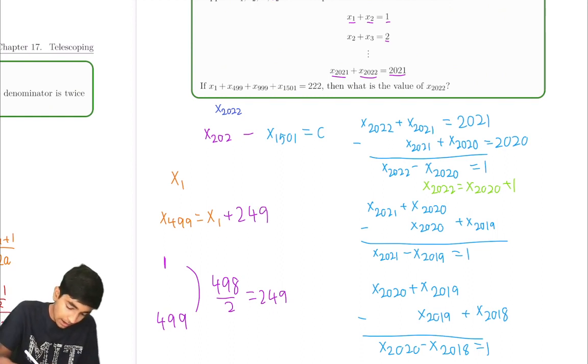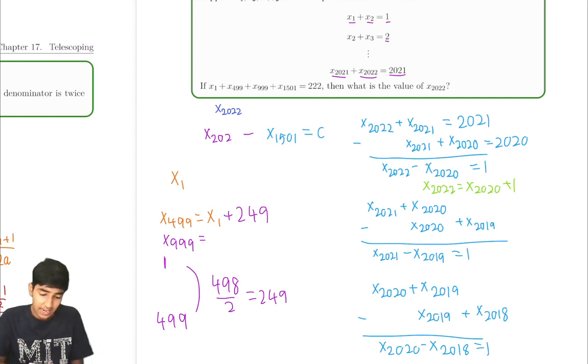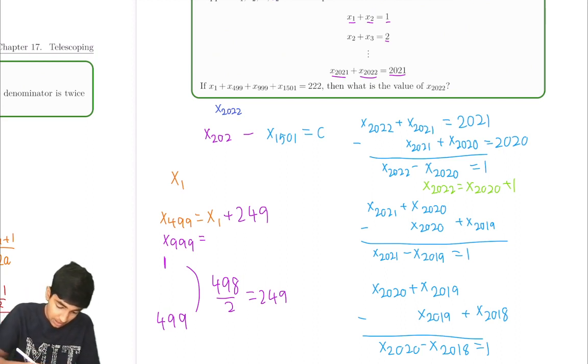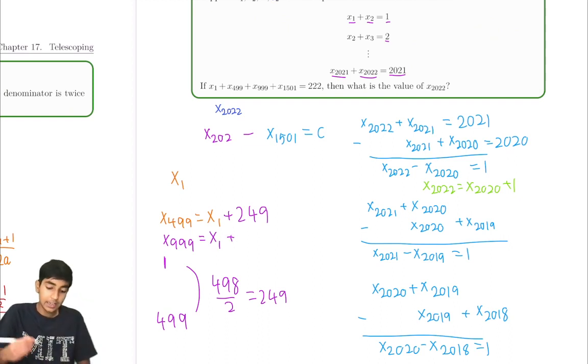Okay, and similarly, x of 999 is just going to be equal to x of 1 plus 998 divided by 2, right? Because there's 998 differences between 1 and 999, and 998 divided by 2 is 499.